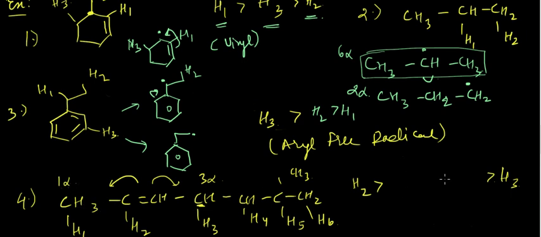Okay, hence H3 would be more stable than H1, hence the bond energy of H1 would be more than H3, because the carbon on H3 will have 3 alpha hydrogens when it gets converted into a free radical, hence it would be more stable.